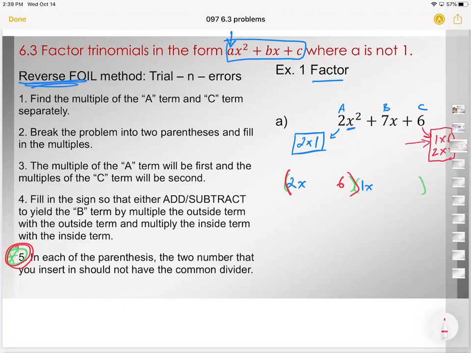And the 2 and the 6 have a common divider of 2. So as long as they are even, we cannot put them together, because that's what step 5 tells me to do.